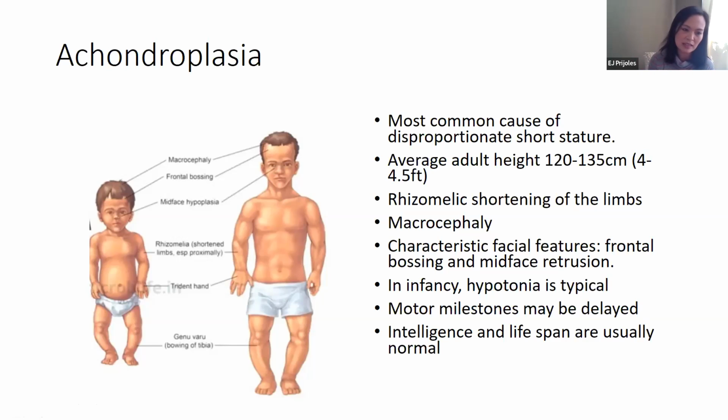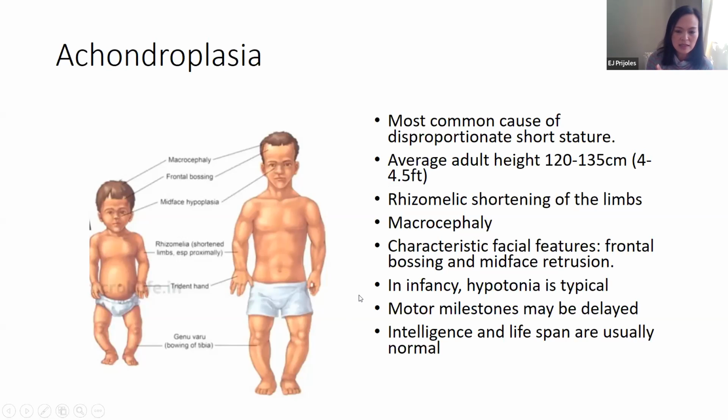Individuals can have macrocephaly with frontal bossing and mid-face hyperplasia, which might be more identifiable if you're looking at individuals by profile. And then as individuals begin bearing weight, you may see more bowing of the tibias. So again, short stature with disproportionate limbs, and the average height is about 4 to 4.5 feet at adult height.